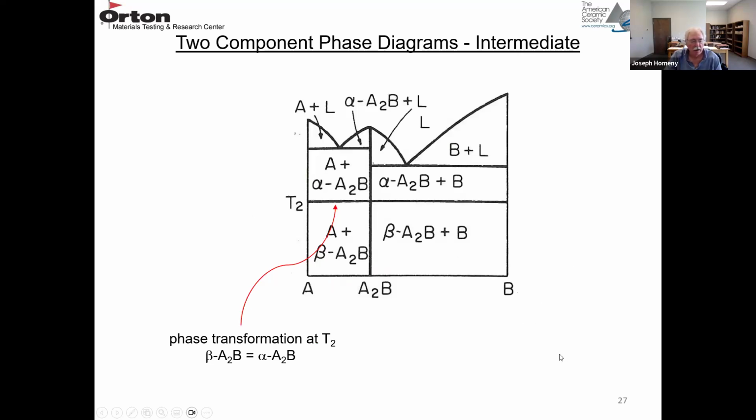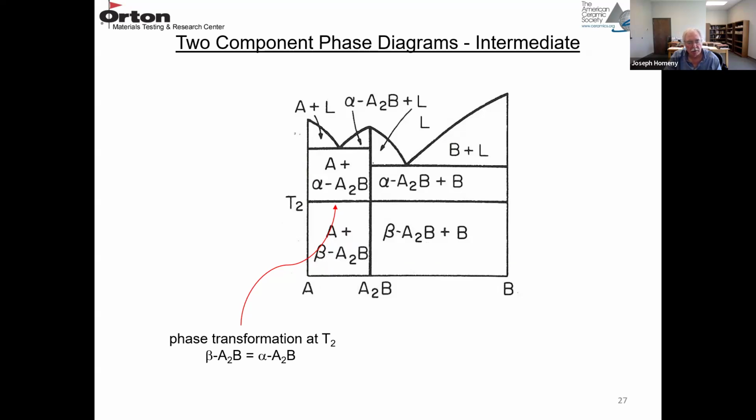And then this is a phase diagram with a phase transformation. So this is common in quite a few of the refractory phase diagrams. So A and B are your end members, and here's the compound A2B. So this region is A plus beta A2B, and this region is B plus beta A2B. So in this part of the phase diagram, A2B is in the beta crystalline form.